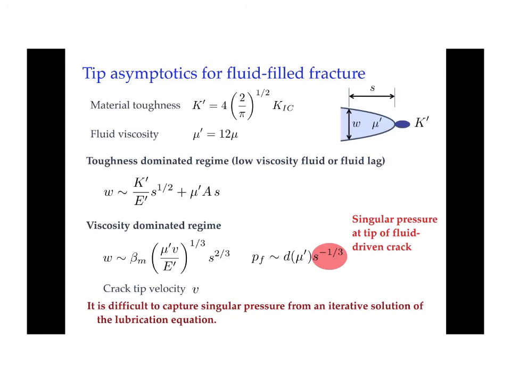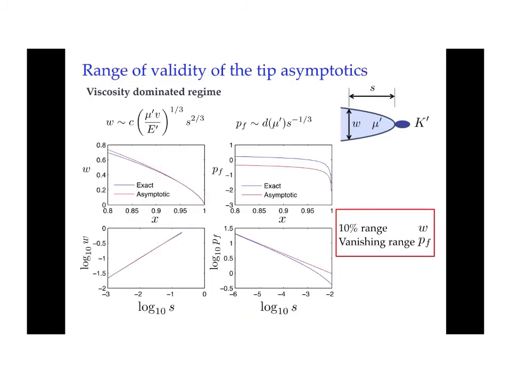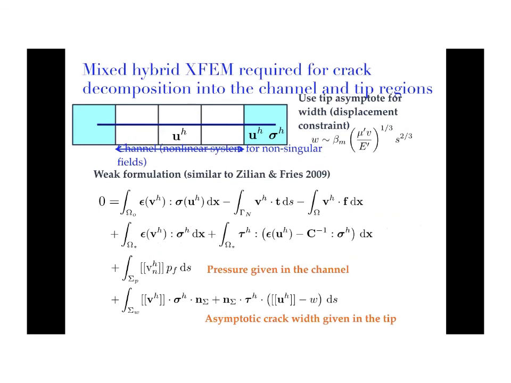So for this viscosity-dominated regime, I will not look at this in detail, but we have modified the weak formulation based on Zillen and Free's paper, where you can introduce the tip asymptote of the crack width to help you formulate new boundary conditions.